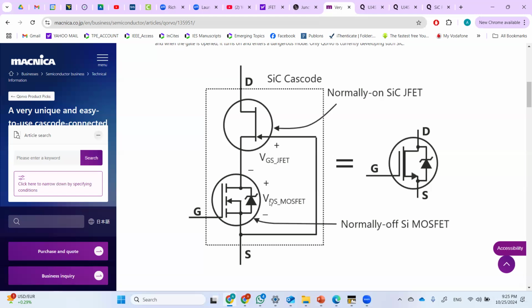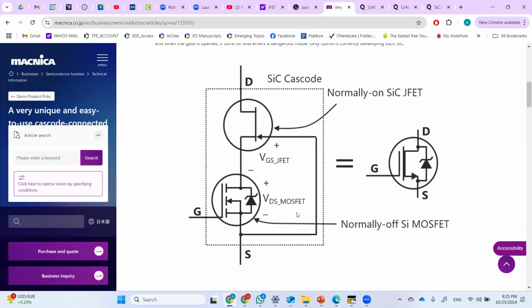One other benefit is the gate to source resistance of this JFET is very small. And if you use a small avalanche MOSFET, so instead of using a 600 volt MOSFET, we can use just a 40 volt MOSFET, because we don't need high blocking voltage, since the JFET can block the voltage now. So if you need, for instance, a switch of 700 volt, you can use the 700 or 650 volt silicon carbide JFET and only a 50 volt MOSFET.